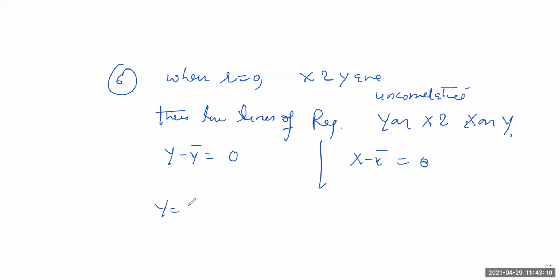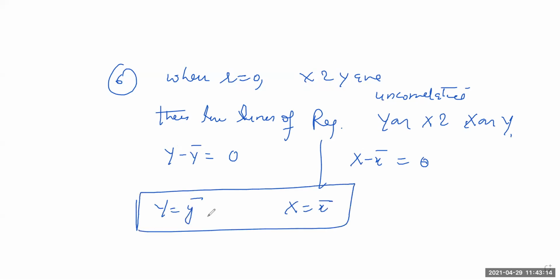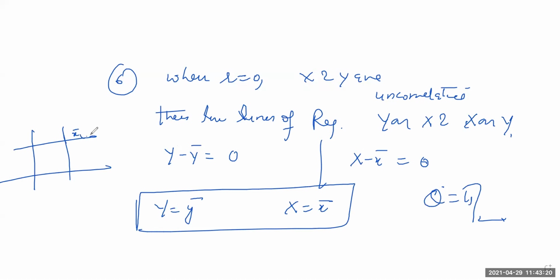It implies y is equal to y bar and x is equal to x bar. जब r 0 हो गया मतलब थीटा कितना हो गया, 90 डिग्री. फिगर मैंने अभी पीछे भी बनाई थी. So this is your x bar and y bar. This is x bar, 0, this is 0, y bar, and the angle between them is 90 degrees. So in this case, the lines are perpendicular to each other. That's all.